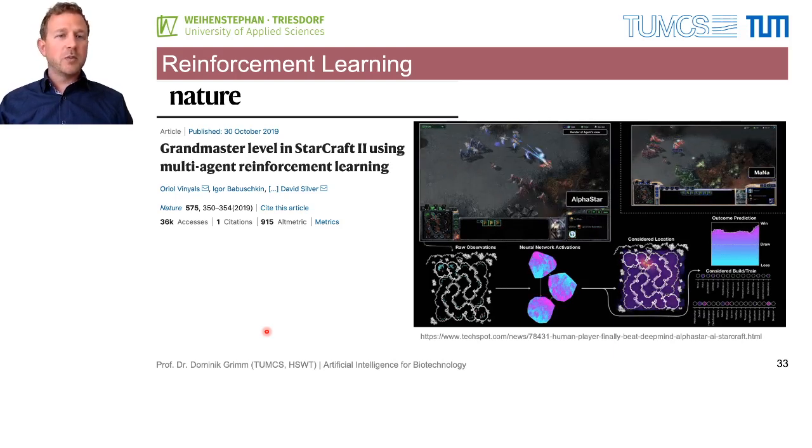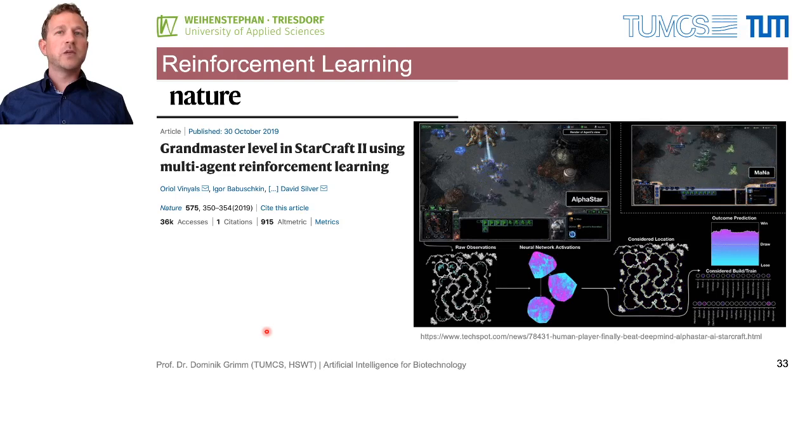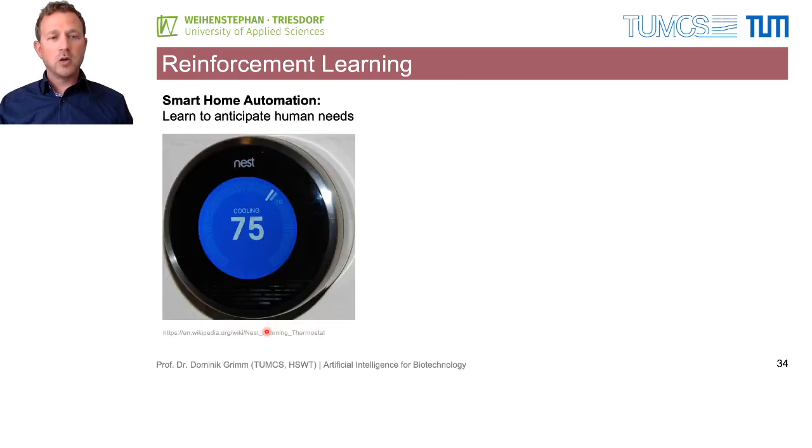Other, more useful examples than playing computer games are, for example, smart home automation. There we use reinforcement learning to anticipate human needs. So we would like to learn when a human being adjusts the temperature of a room. And then it learns the behavior of the human being and tries to avoid that the human has to readjust their thermostat.